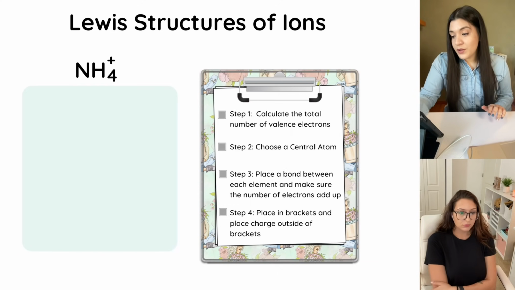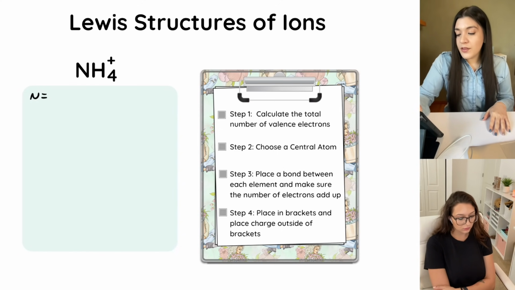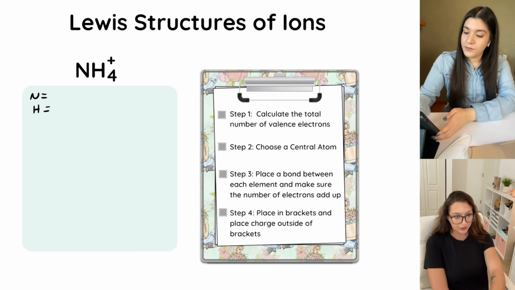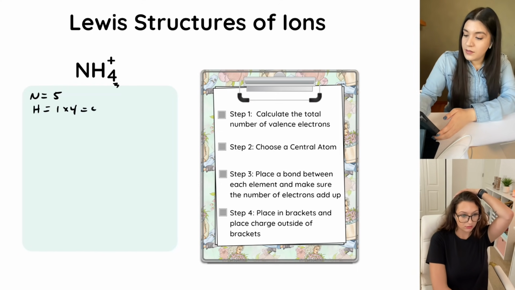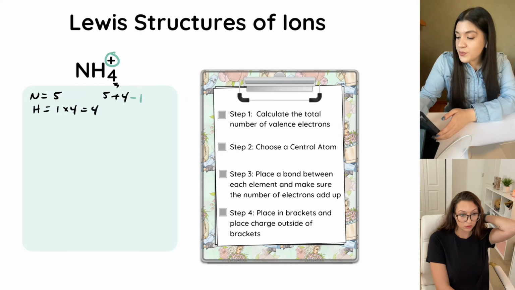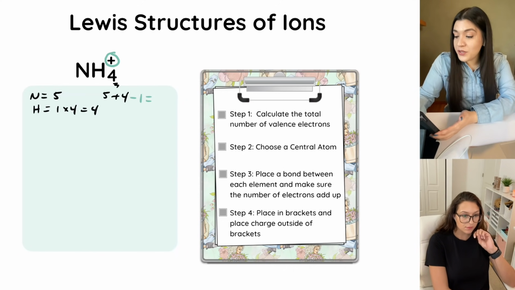So the first thing we're going to do is identify how many valence electrons we have. How many are there for nitrogen? There are 5 for nitrogen and 1 for hydrogen. We're multiplying by 4 though, so there's 4. Good. So 5 plus 4, and then we would subtract 1 based on this plus 1 charge. Instead of having 9, we're actually going to have 8.